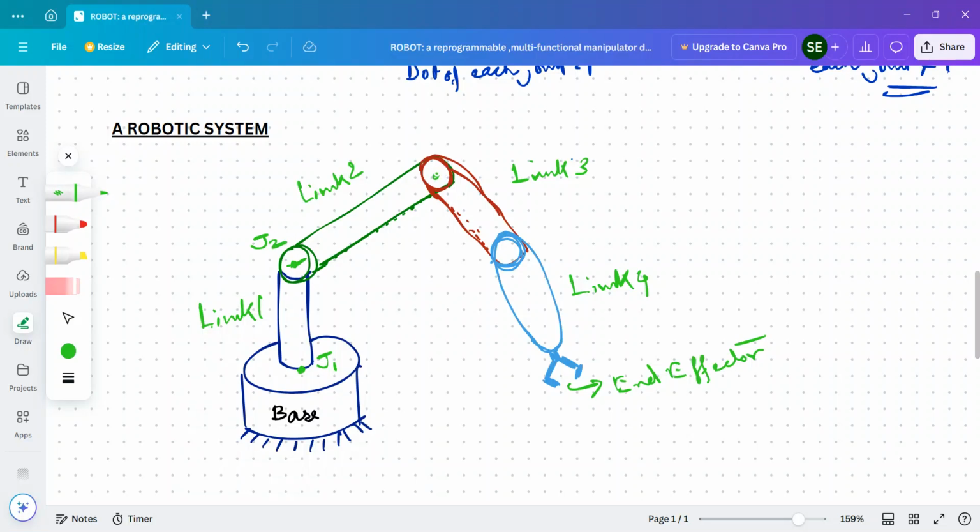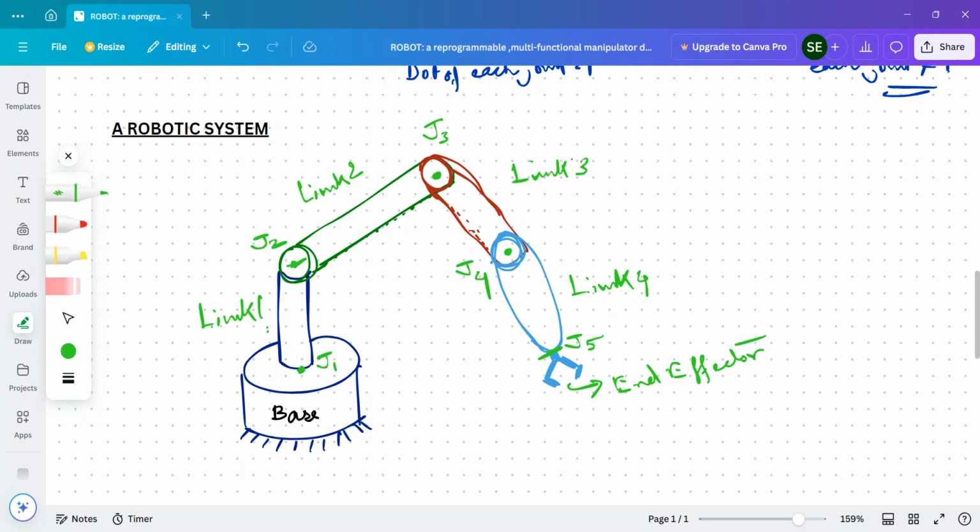This is the joint between link 2 and link 3, so this is J3. And this is the joint between link 3 and link 4, so this is J4. And lastly, there is another joint between the end effector and link 4, and this is called joint 5.